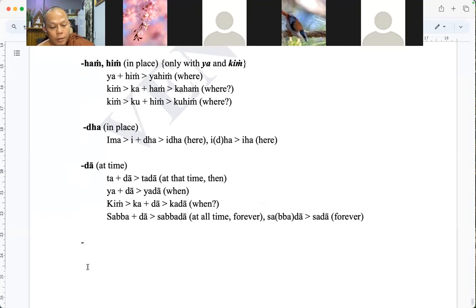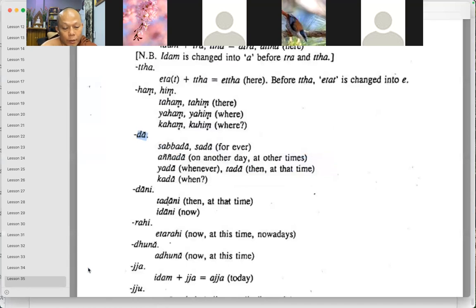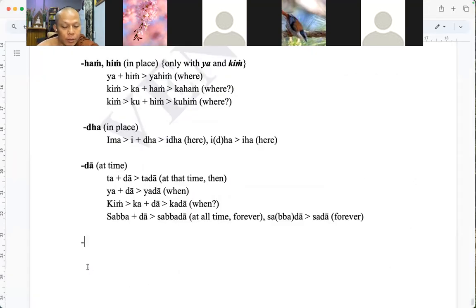And then another suffix is dani. Dani also is the same as the time, at that time, dani, at time. So the dani is actually ima, but ima is contracted as e. So after that, dani.